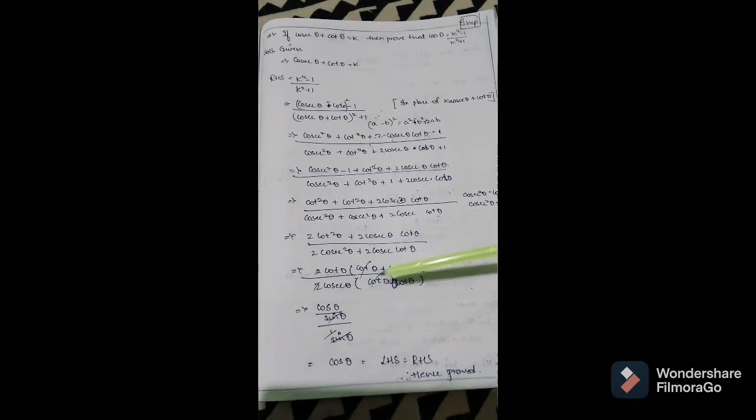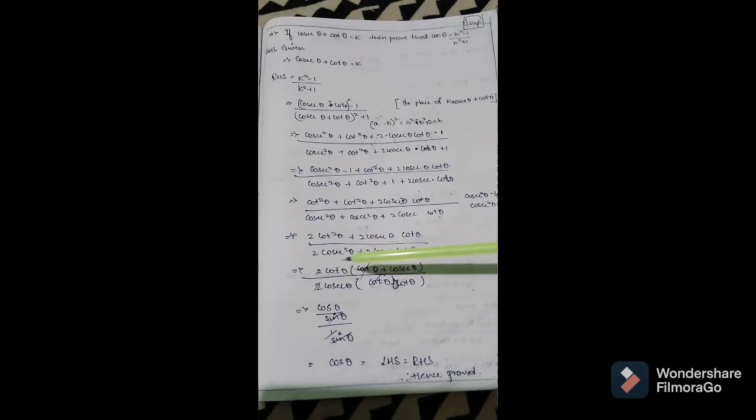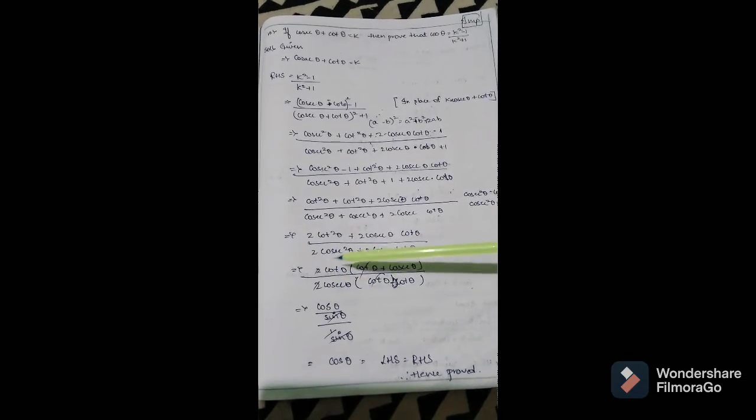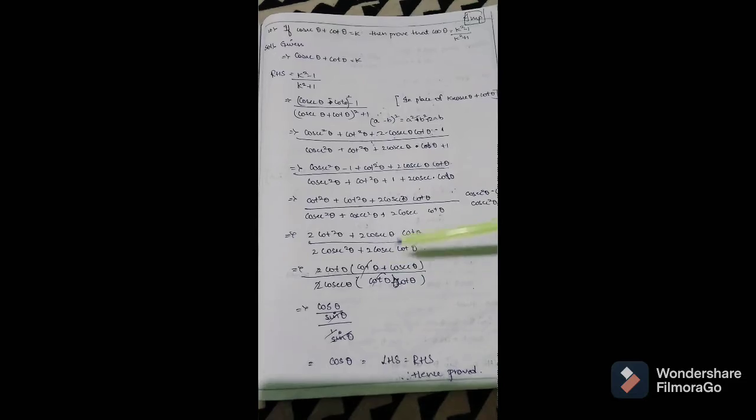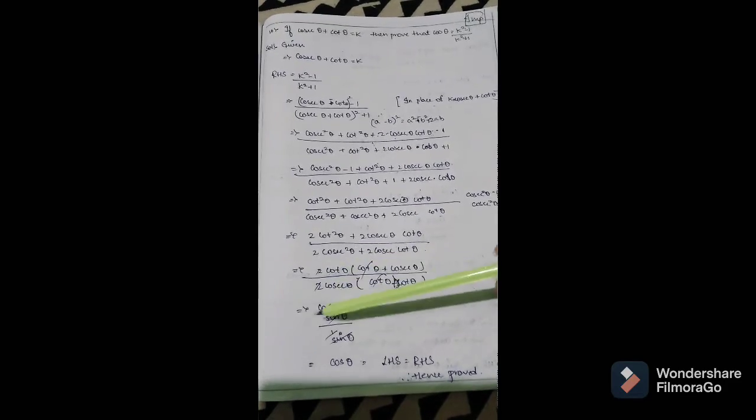Here we get 2 cosecant theta as a common, so we'll write 2 cosecant theta into cot theta plus cosecant theta. So the 2 cot theta gets cancelled, and the 2 gets cancelled. Here also the 2 gets cancelled.